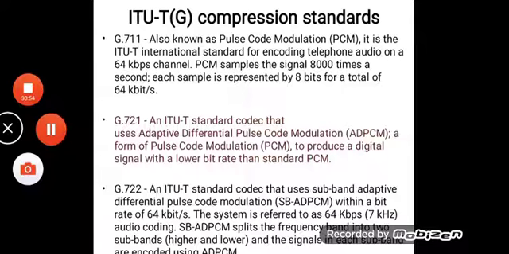With SB-ADPCM, we divide the audio signal based on its frequency. So we go for a low frequency channel and a high frequency channel, and then we apply a different scheme for each channel.